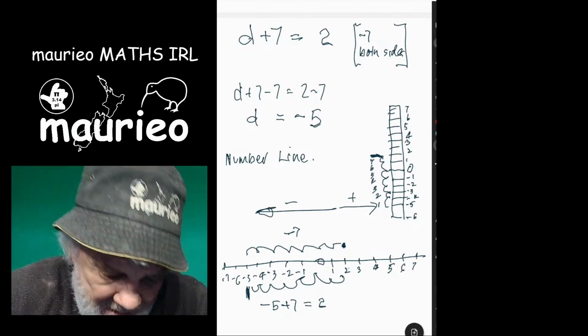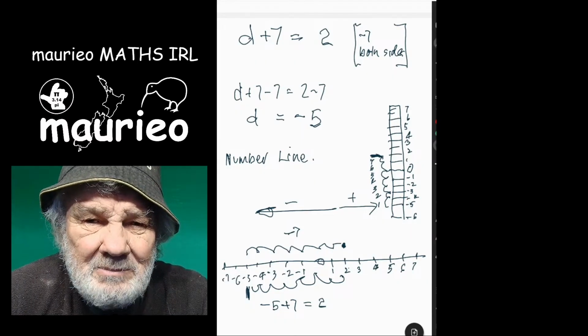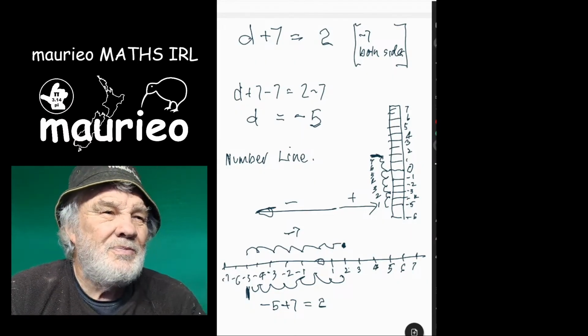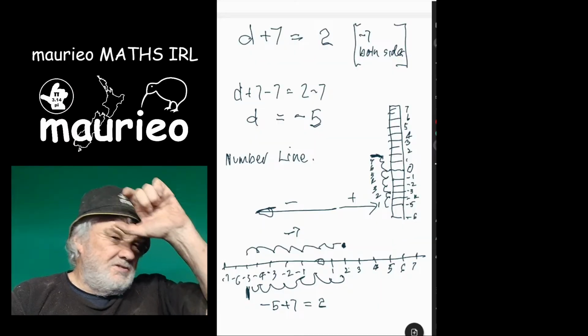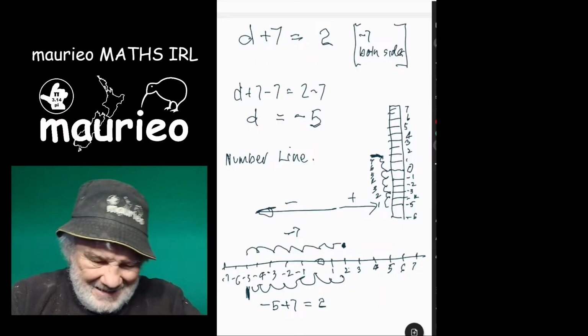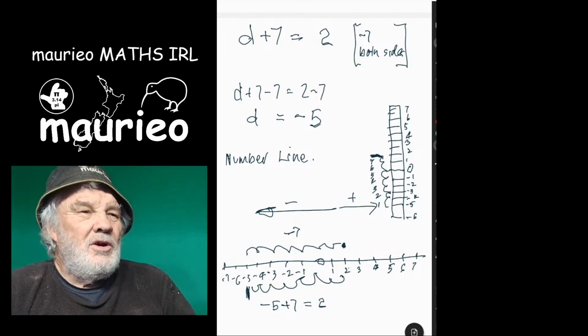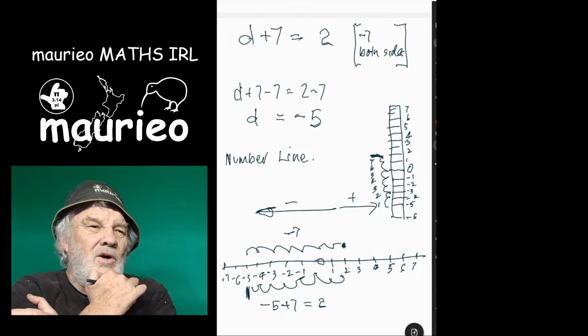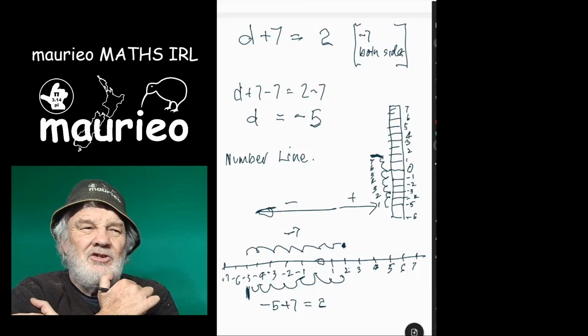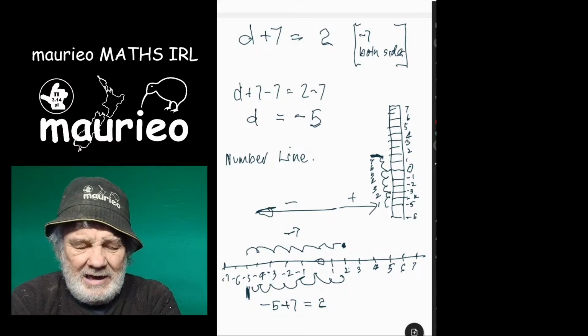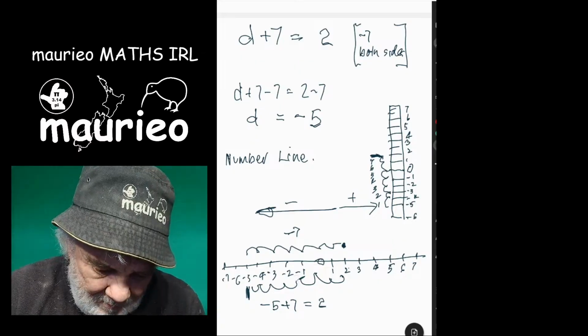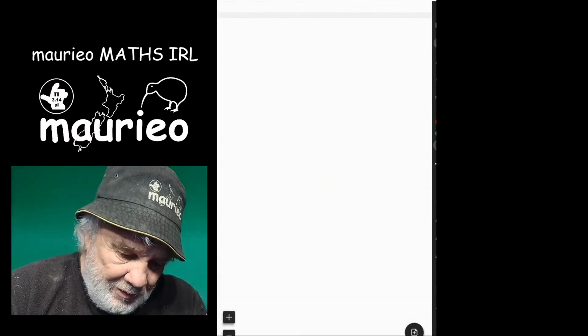Working away there pretty much for us. We've got a little way there, so we can solve simple little equations now.